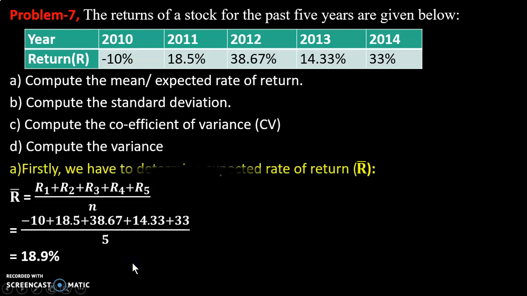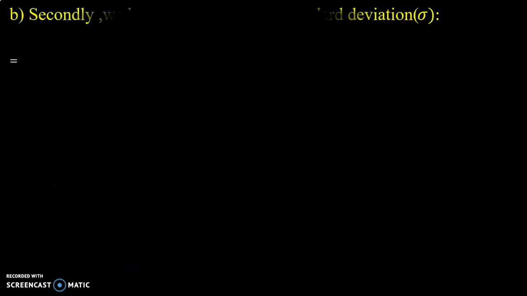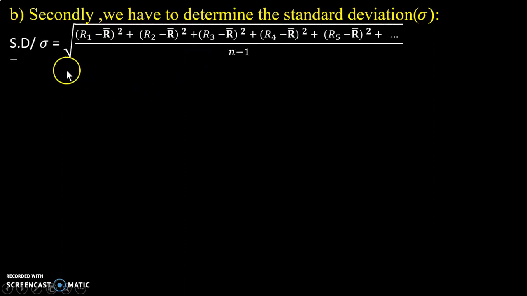Now we calculate the standard deviation. Standard deviation equals root over R1 minus R bar whole square plus R2 minus R bar whole square plus R3 minus R bar whole square plus R4 minus R bar whole square plus R5 minus R bar whole square, divided by n minus 1.